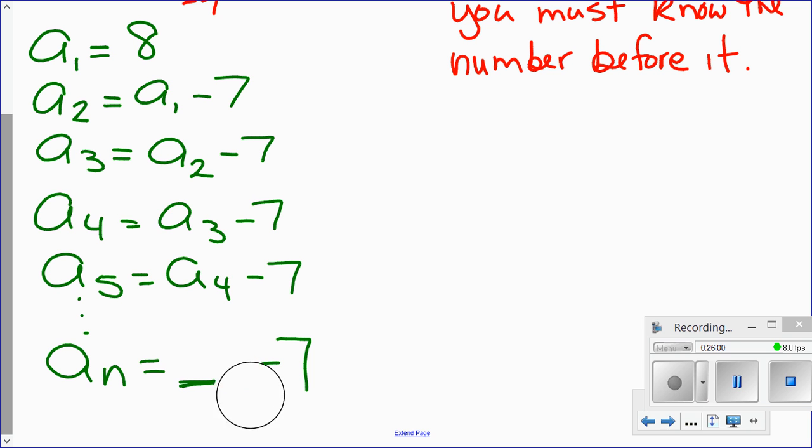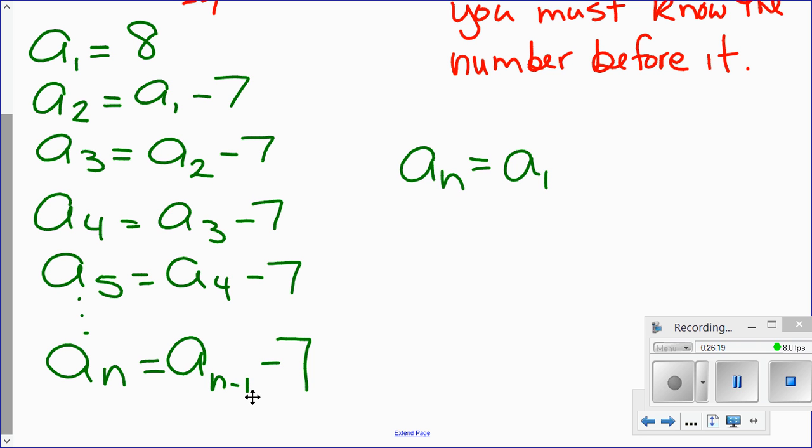You need to know the number in front of it. So we want to write this in general terms. a sub n would be equal to a sub n minus 1 plus whatever d is.